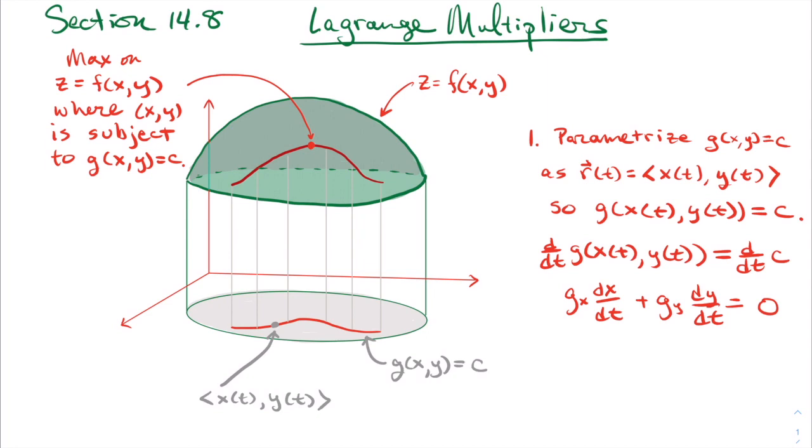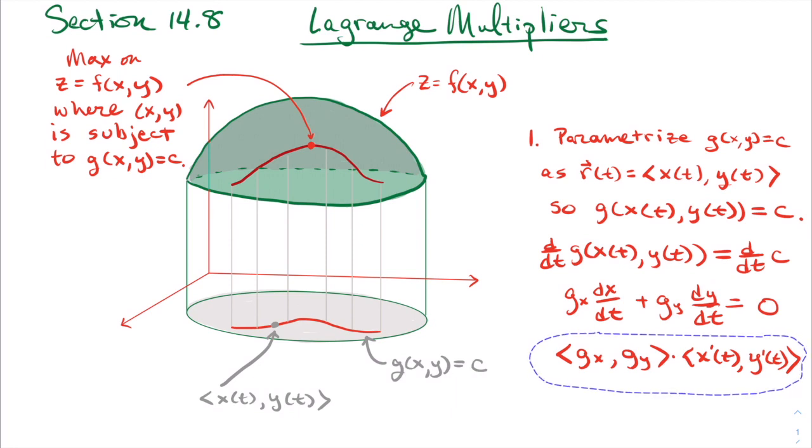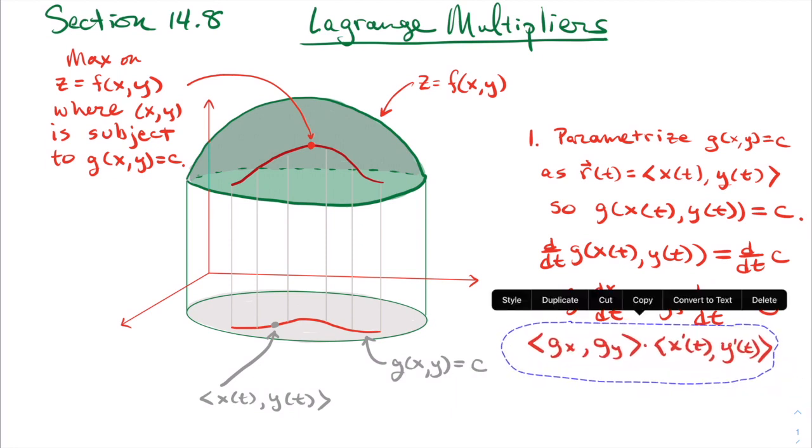And we like the chain rule because it looks like a dot product. If you break it up, you can look at g_x comma g_y as one vector in the dot product, and that's being dotted with dx over dt, which is x prime of t, comma dy over dt, which is y prime of t. And that dot product is 0 for all t.